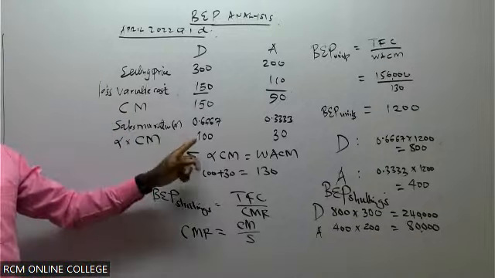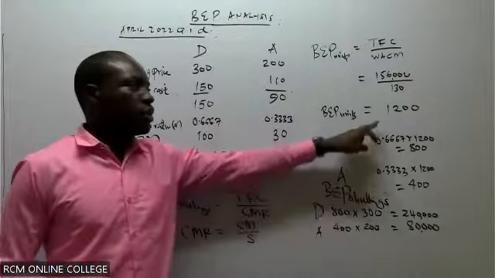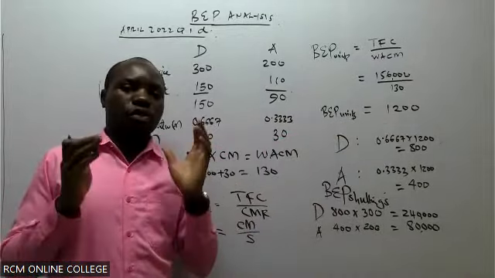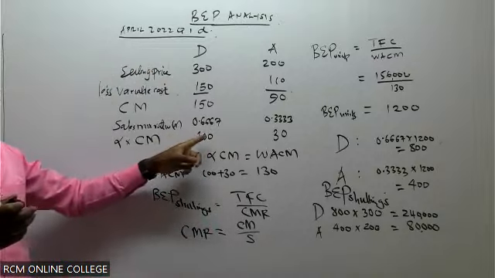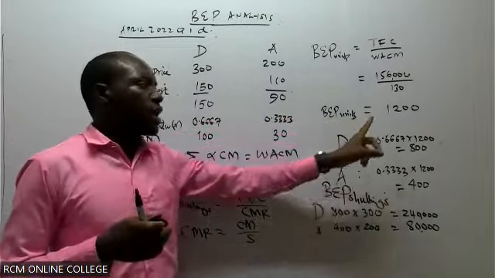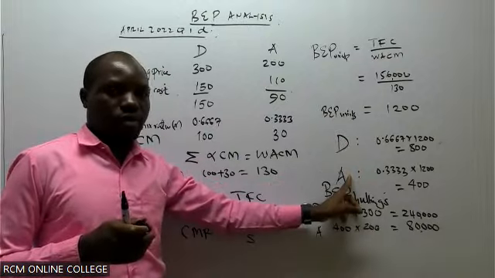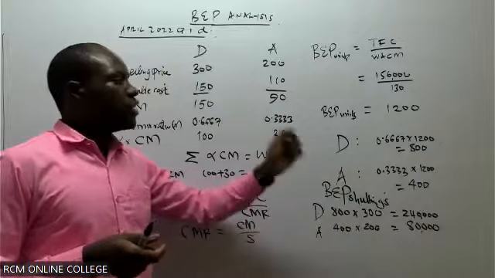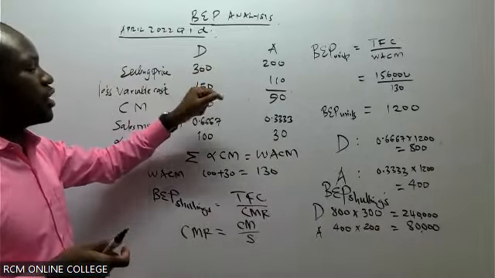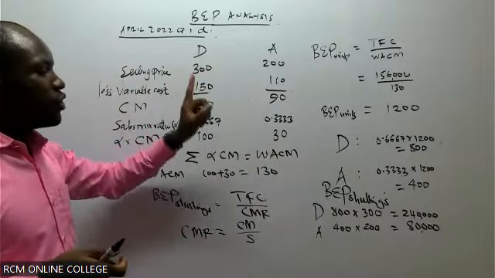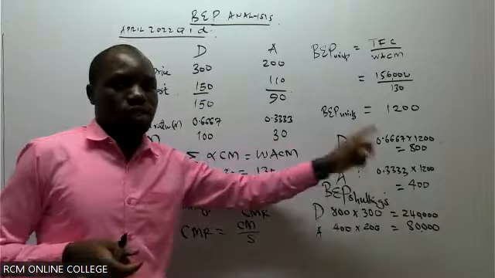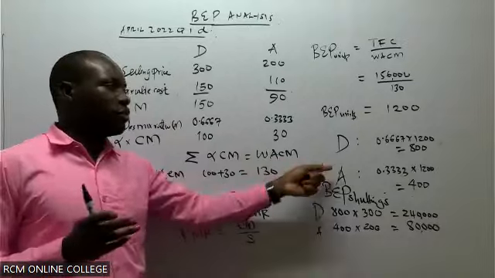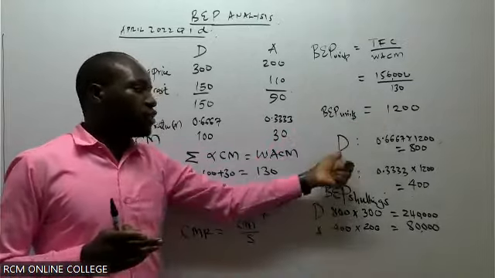Now, once you have been able to calculate the break-even point as 1200, what are we going to use to proportion? To do what? To proportion the 1200 units to product D and A. You cannot assume and say, because D is having 300 shillings per unit, we are now going to give it the highest number of units. No. So which basis are we going to use to distribute the 1200 to these two different products?